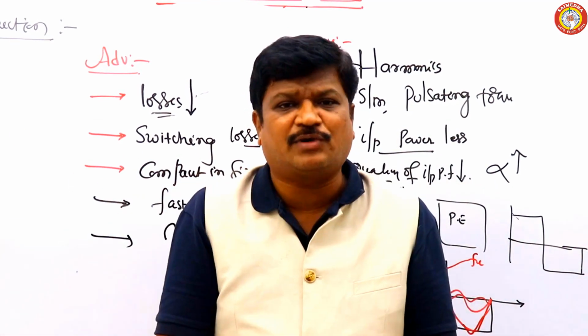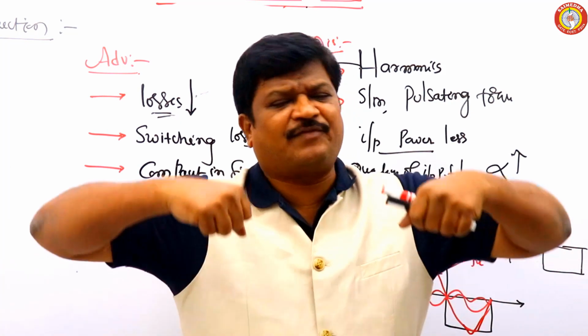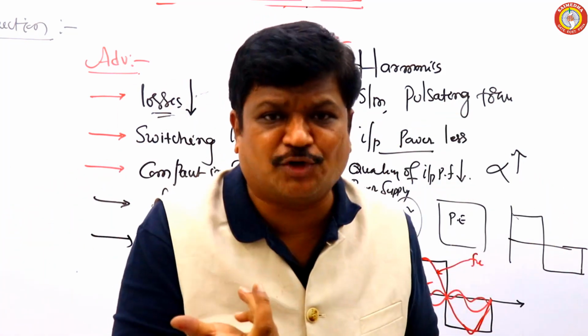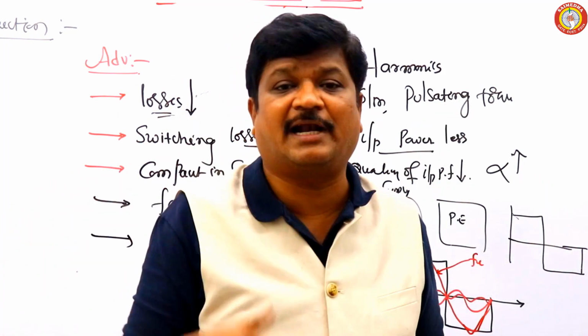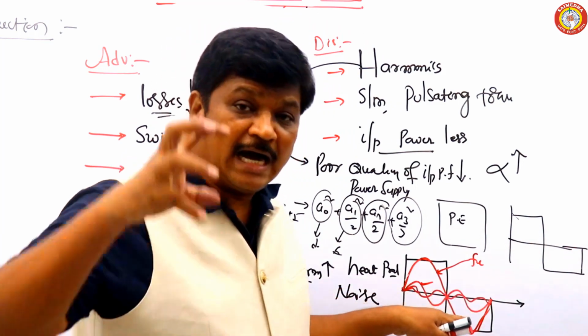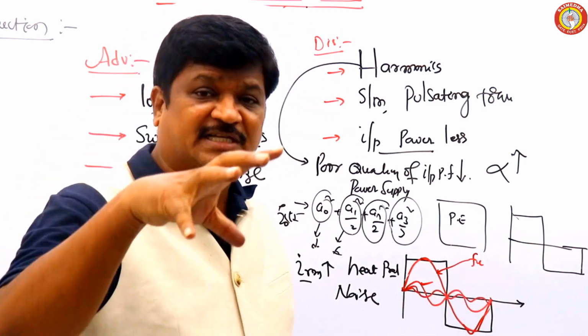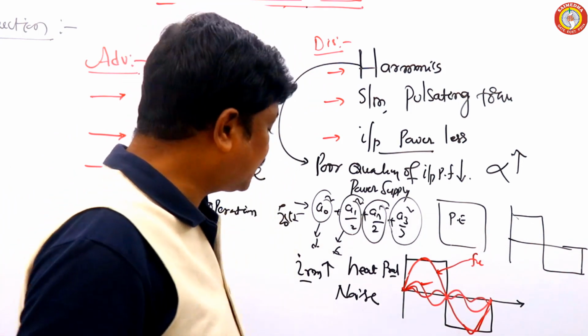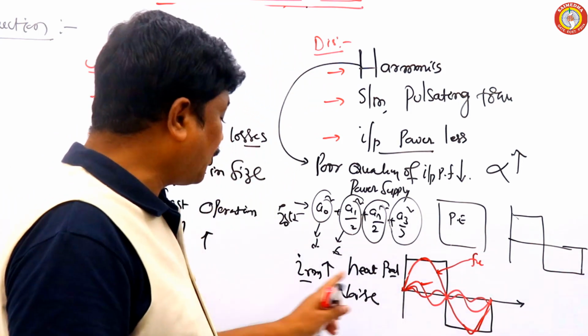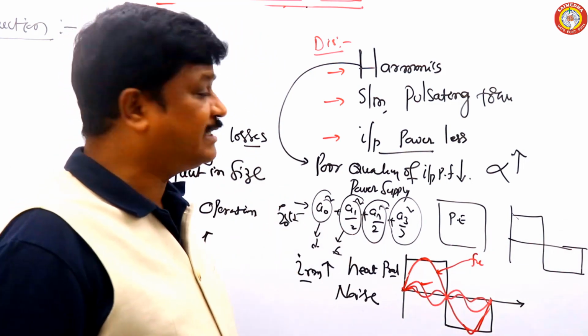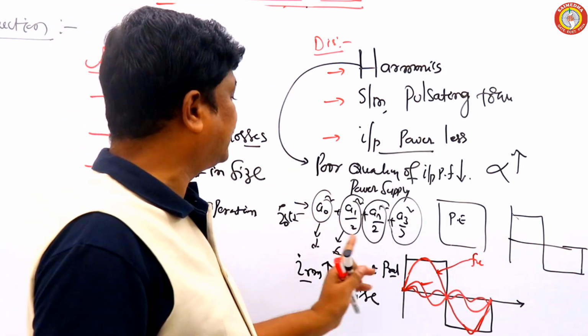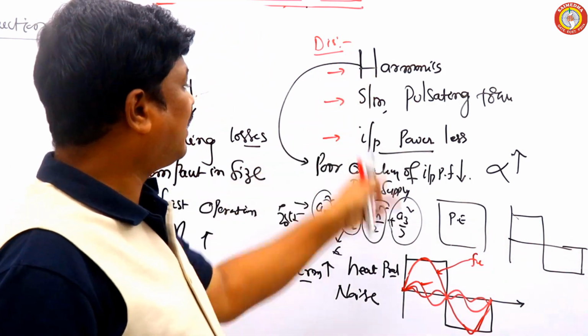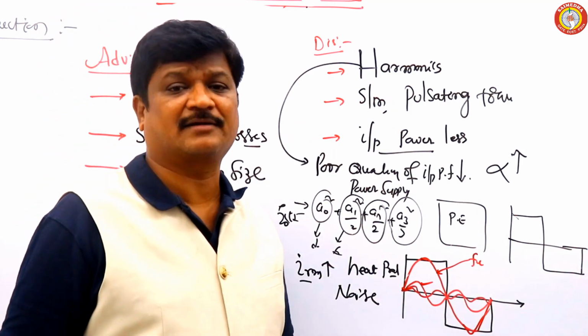Even fuel consumption: if you go very fast, more fuel is consumed, so the life of the equipment will reduce. Like that, if any harmonics are introduced into our electrical machines, the aging problem will come. Thermal vibrations will come, heat is produced, noise is produced, the RMS value of current increases, and the input power factor reduces. These are all the disadvantages in power electronics.